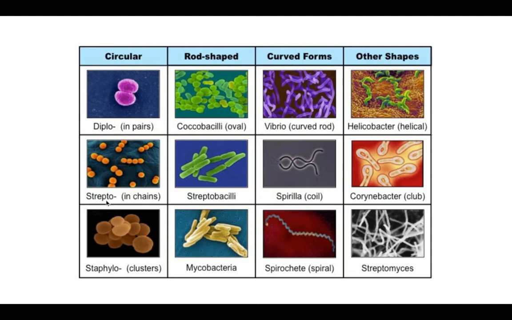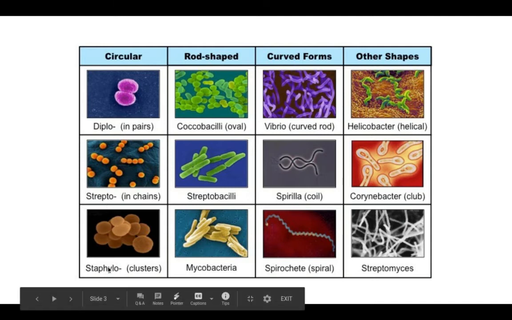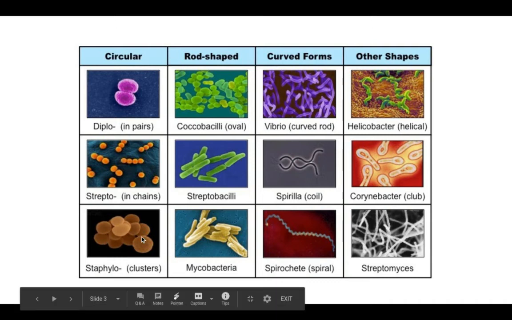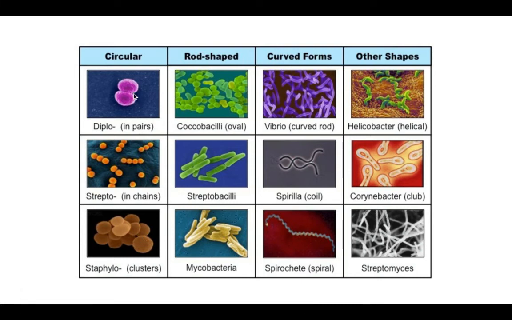So Streptococcus and Staphylococcus, these are quite common when you have a sore throat, okay? When you have a pain in your throat, this is caused by a bacteria. And as you can see, they're little circles growing in chains. So each one is a different bacteria and they stick together in chains. Whereas Staphylococcus will stay in like a group of little balls, and then some stay as just a pair.